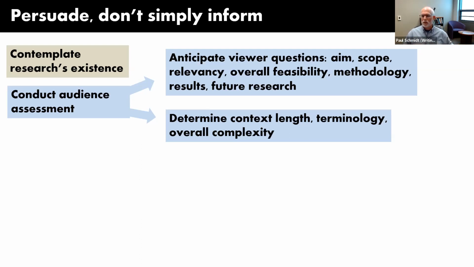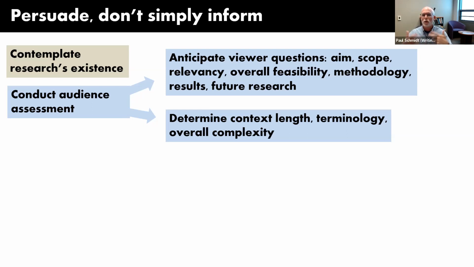So most viewers want to hear about your research aim, of course, the scope of your research, the relevancy, the overall feasibility, your methodology, but perhaps to a lesser extent. Your results are incredibly important. And finally, future research. Then determine how much they know, because if they know little about your research, then you're going to have to provide more context.